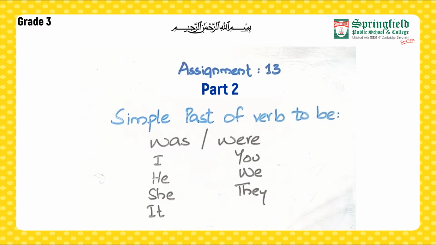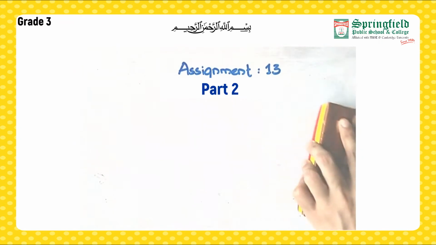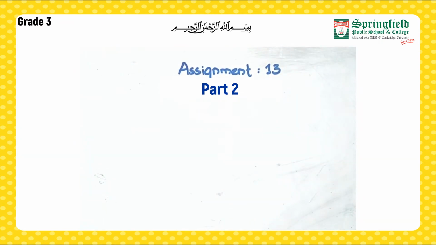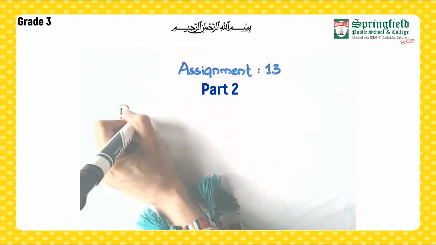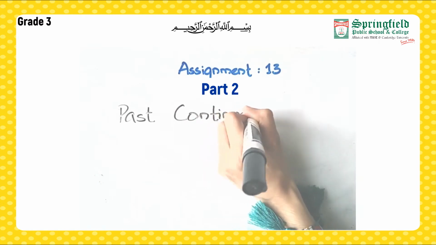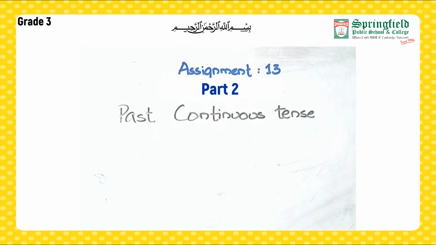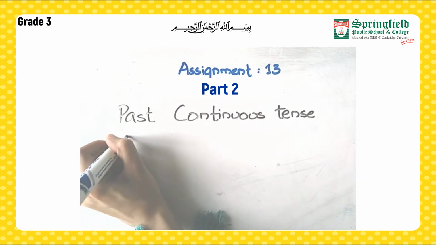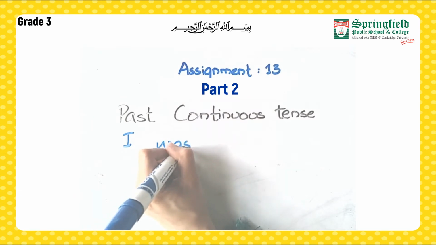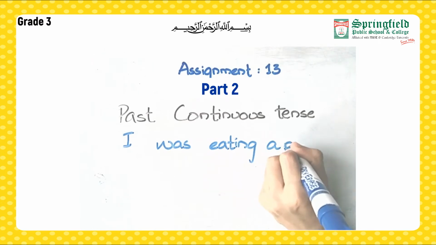So, as we have discussed this simple past of verb to be, now moving towards our past continuous. What is past continuous basically? Past is something that has already happened. As we are talking about past, something that has already happened, let's make a sentence. I was eating apple.